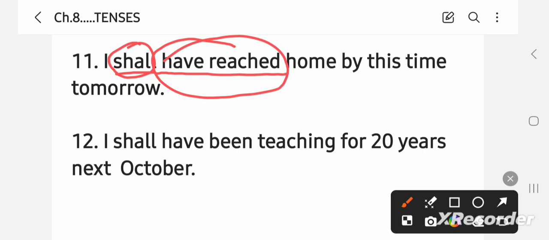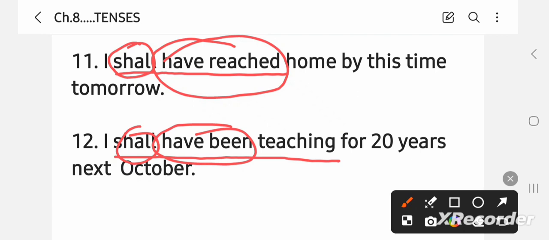I shall have been teaching for 20 years. 20 साल तक मैं काम करता रहूँगा. नेक्स्ट अक्टूबर, अगले अक्टूबर आने तक मेरे 20 साल पूरे हो जाएंगे काम करते करते. दिस इज द मीनिंग ऑफ द सेंटेंस. वॉट इज द वर्ब? शैल हैव बीन टीचिंग. एंड वॉट इज द टेंस? फ्यूचर परफेक्ट कंटिन्यूअस. शैल स्टैंड्स फॉर फ्यूचर, have been stands for perfect, and teaching is the main verb with ing, continuous. Future perfect continuous tense.